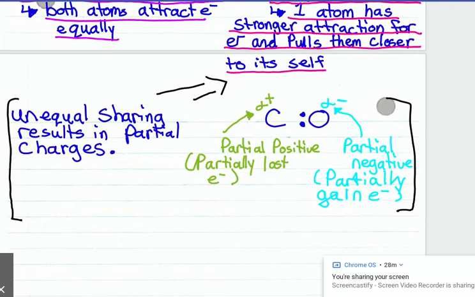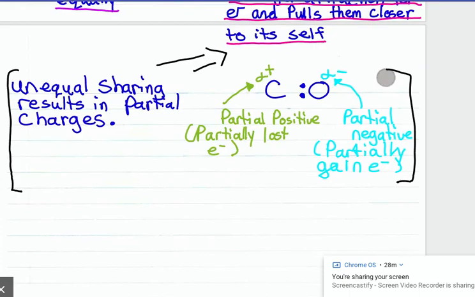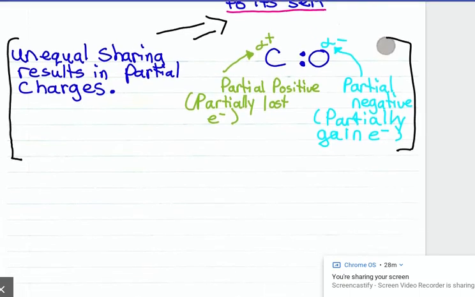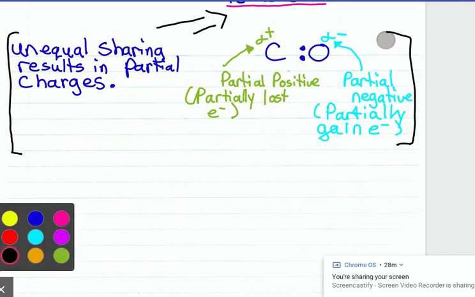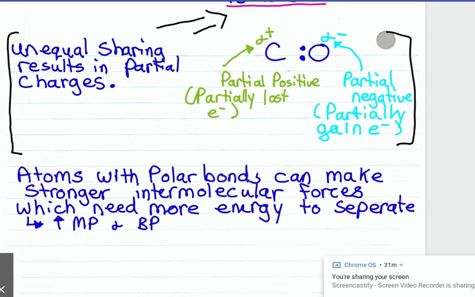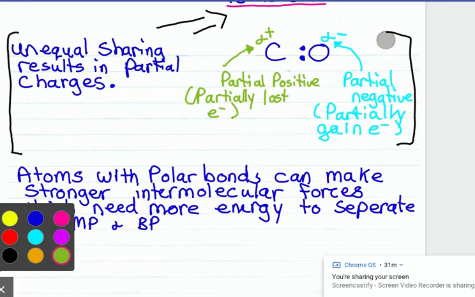This is really important because it's these polar bonds that are responsible for some of the properties that we're seeing in our alcohol. If we have molecules that have polar bonds in them, they can make much stronger intermolecular forces.